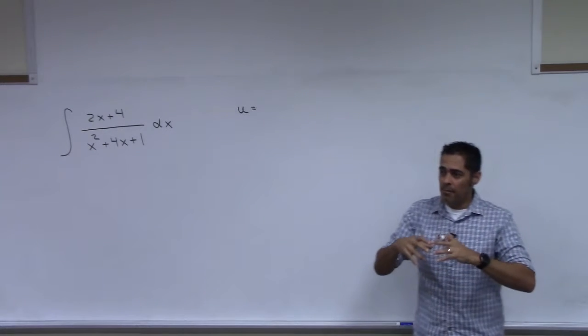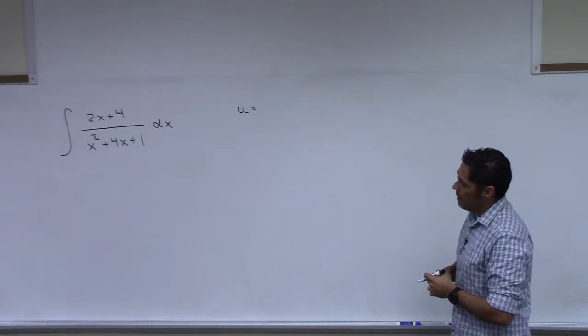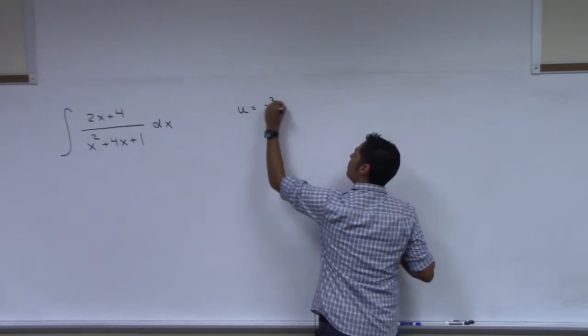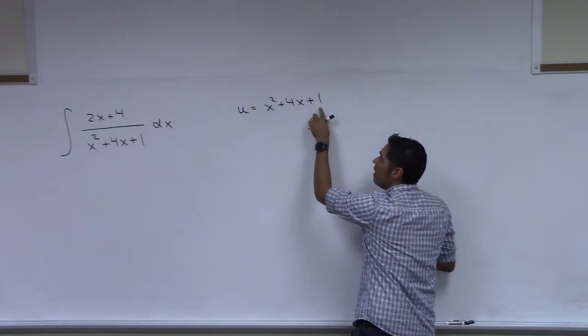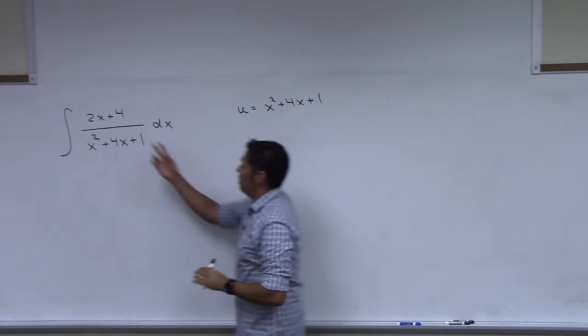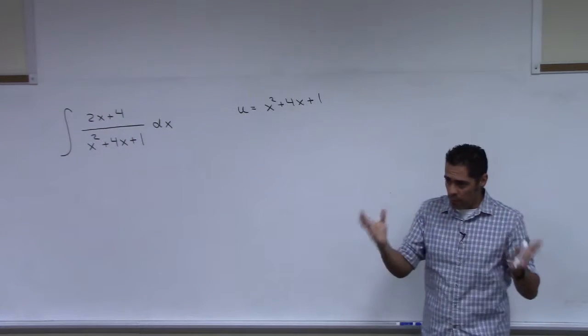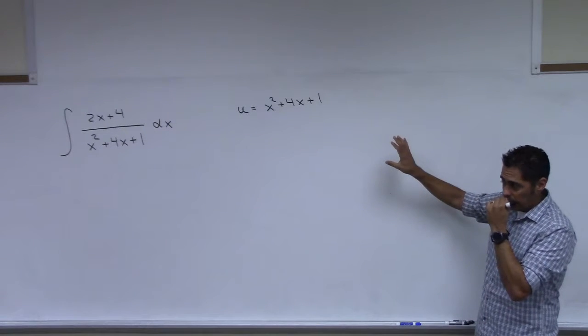We don't want to grab too much. You'll see in the next example what I mean by that. But if I let u be x squared plus 4x plus 1, if I grab the 1 also, then the derivative of it is still this, right? So I might as well grab as much as I can without going overboard. So I'm going to put the 1 there. Got it? Now what?